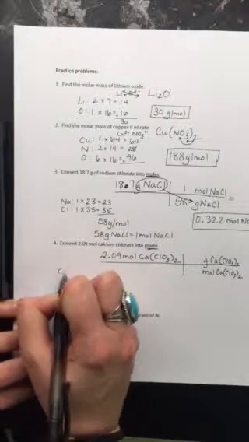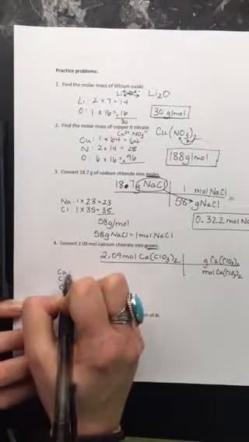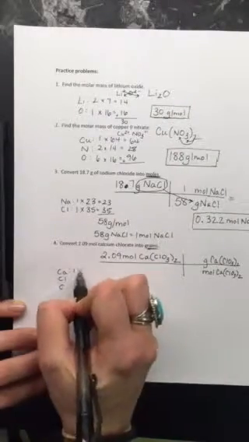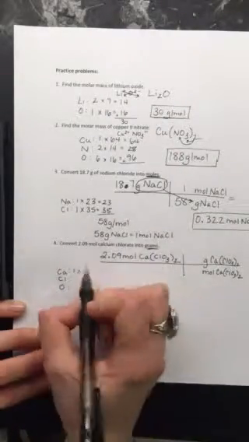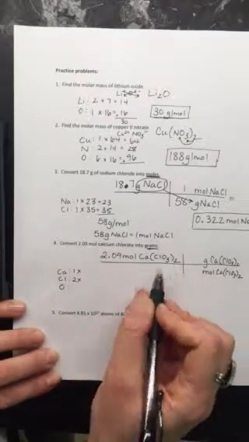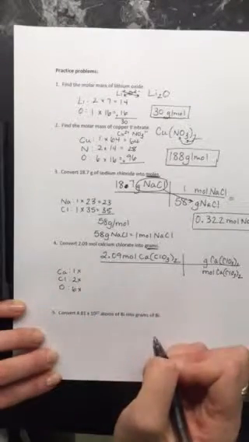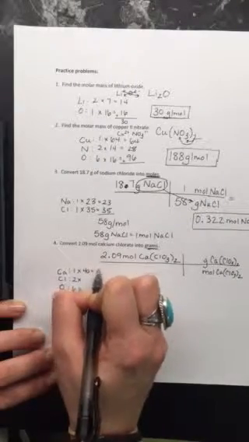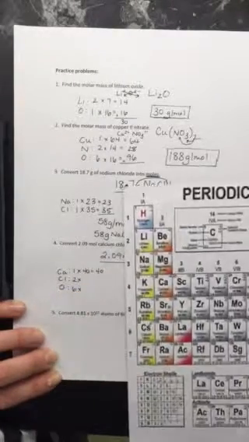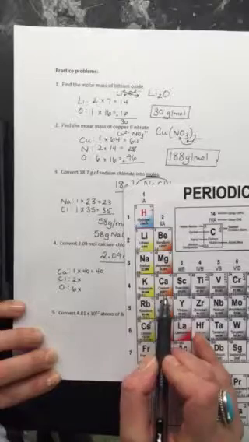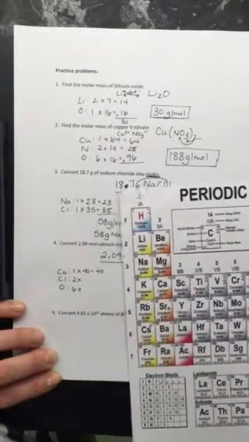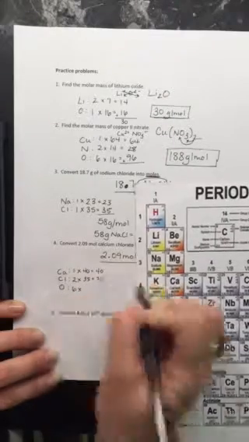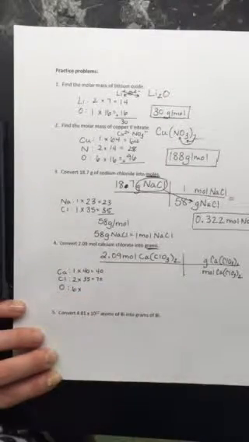Okay, so we've got calcium, chlorine, and oxygen here. I've got 1 calcium, I've got 2 chlorine, and I've got 6 oxygen. Calcium's molar mass, when we look that up, is 40. It's right here. Chlorine's molar mass, when we look that up, is going to round to 35, which gives us 70.